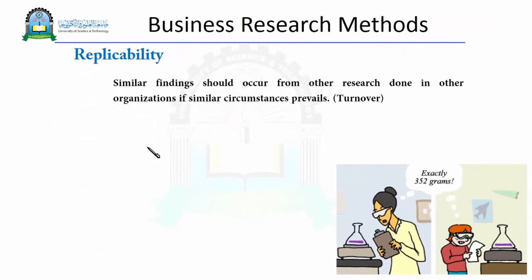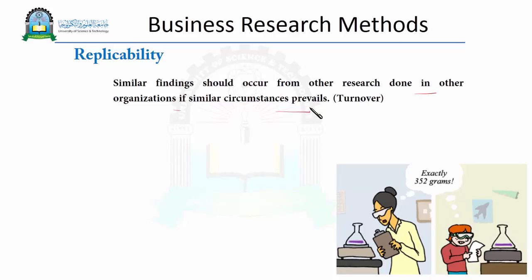Replicability is another characteristic of scientific research. So similar findings should occur from other research done in other organizations if similar circumstances prevail. So the scientific research might come up with the same findings if somebody else does the research in the same circumstances.